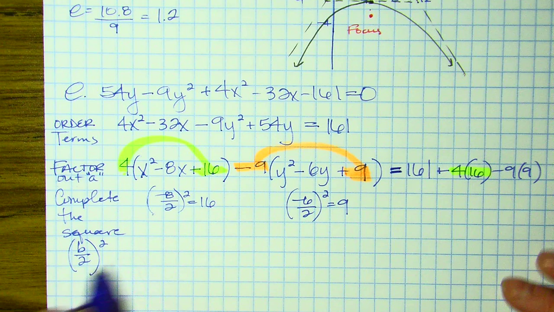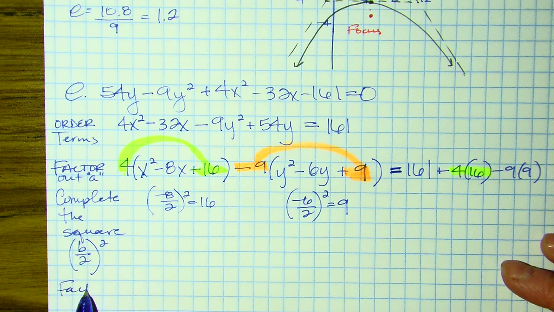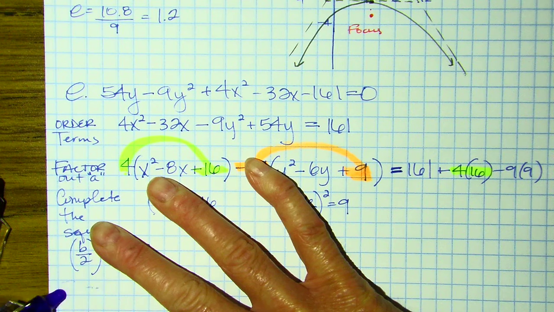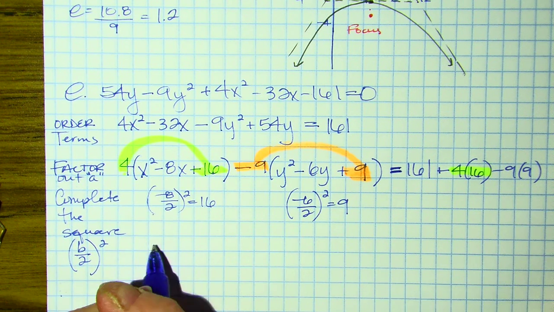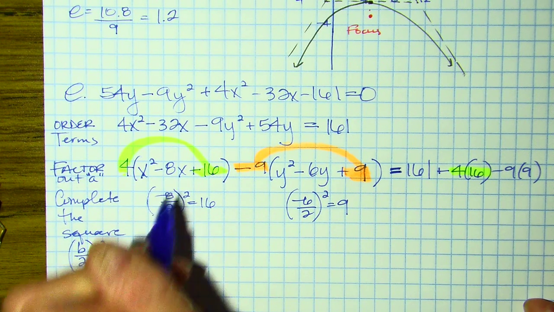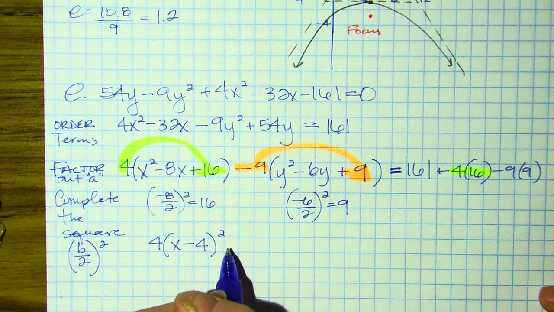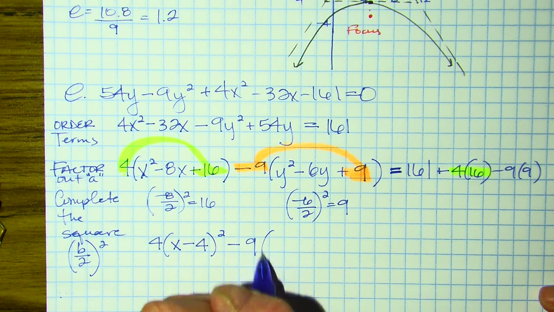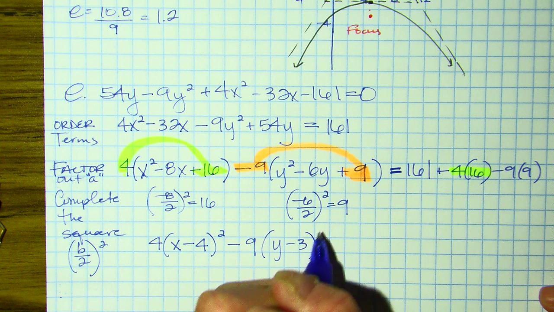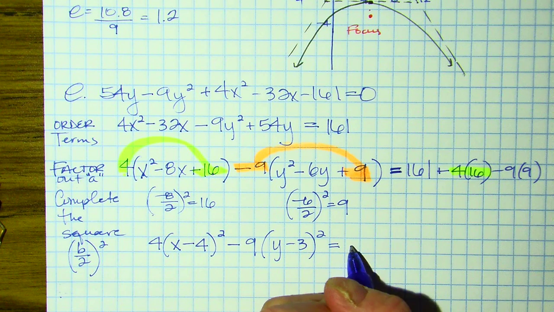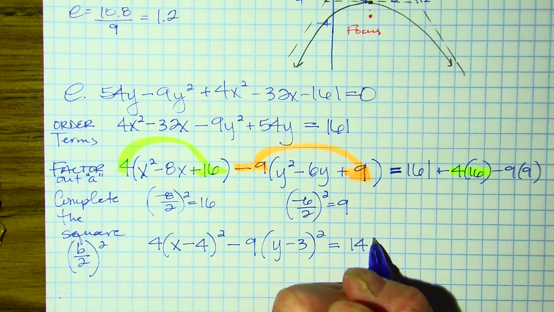So now I'm going to factor my trinomials again. So that might be confusing. I get 4. The factors of x squared minus 8x plus 16 are x minus 4 squared minus 9 times y minus 3 squared equals 161 plus 4 times 16 minus 9 times 9, which is 144.